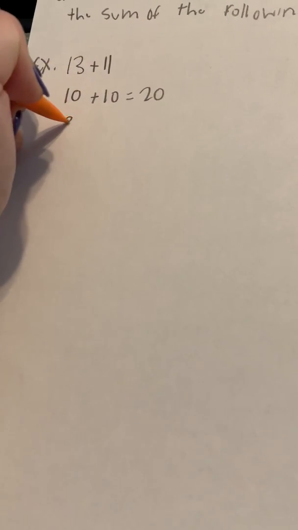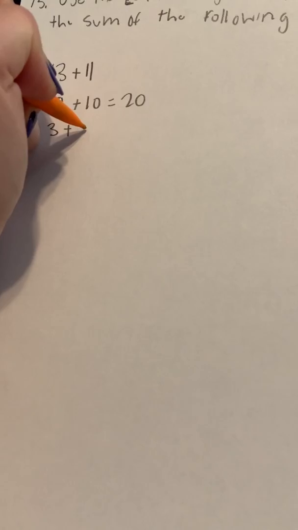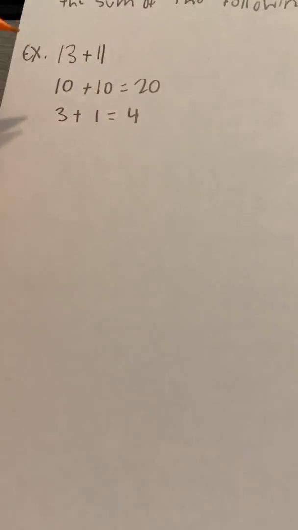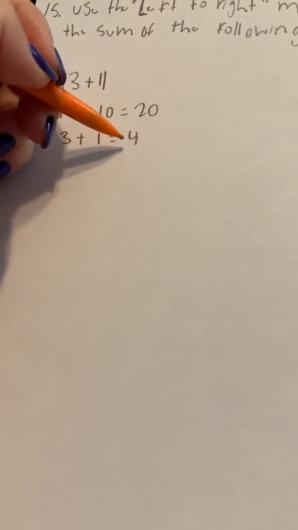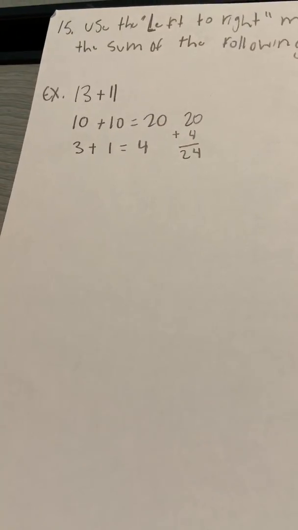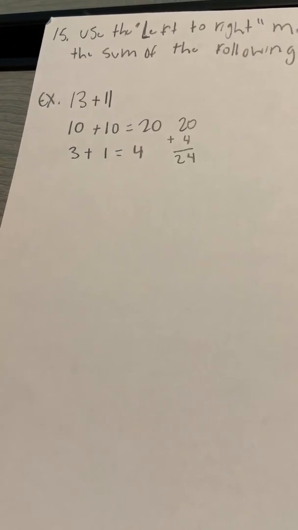What you do is you can add the two double digits together, so you got 10 out of 13 plus 10 out of the 11, so that's going to be 20. And then to add the rest together, 3 plus 1 is 4. And then we add this together, so 20 plus 4 equals 24. And then that's how you do the left to right method.